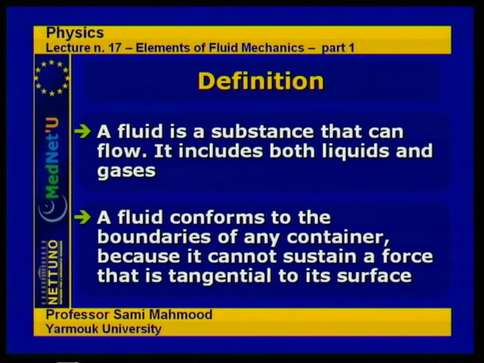A fluid, as we know from our experience, conforms to the shape and the boundaries of the container in which we put it. So it takes whatever shape of a container we put it in. And that is a consequence of the fact that a fluid cannot sustain a force that is tangential to its surface. So it just takes the form of the container that it is in.